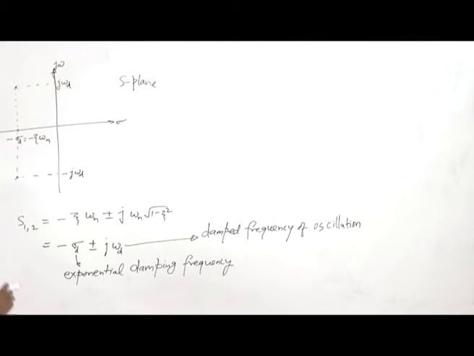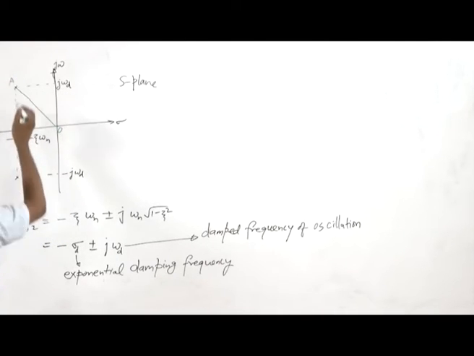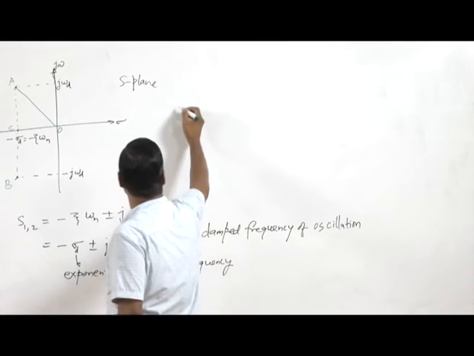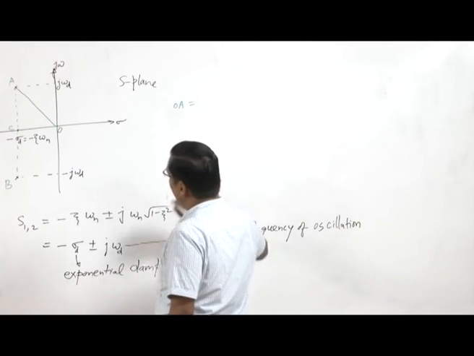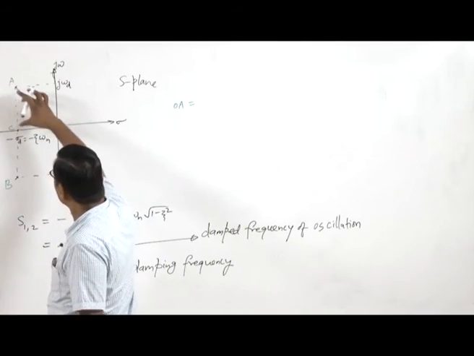So we can see that this is the origin, and so if we plot this line, what will be this radius or the distance from the origin to this pole? So let us say this is O, this is A, this is B, this is C. So OA equal to this square plus this square.